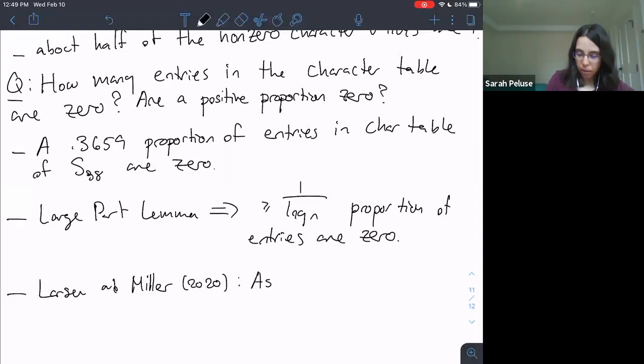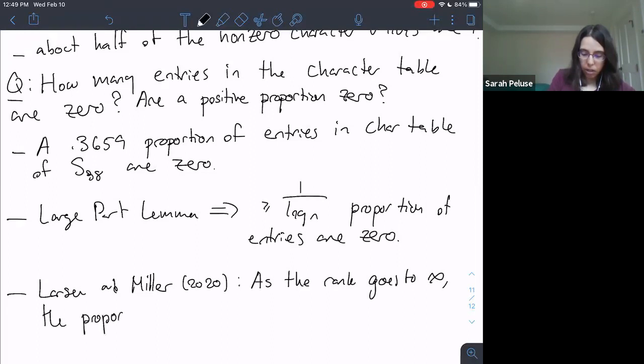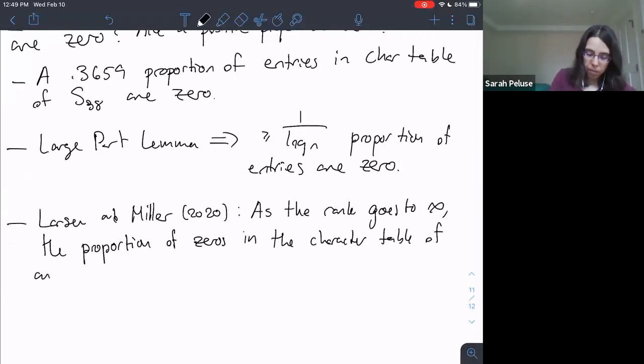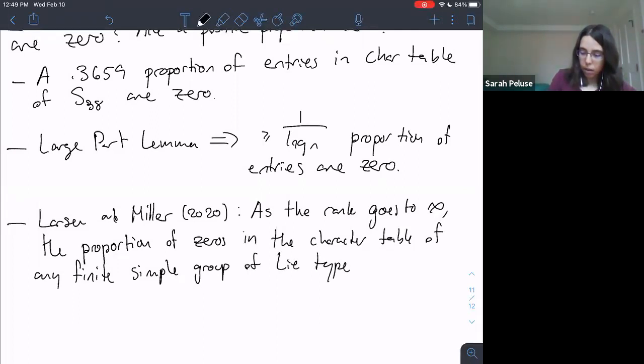So as the rank goes to infinity, the proportion of zeros in the character table of any finite simple group of Lie type goes to 1.